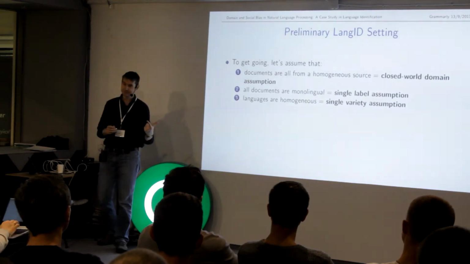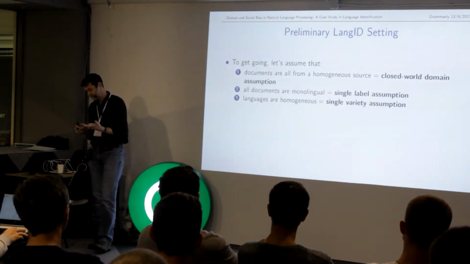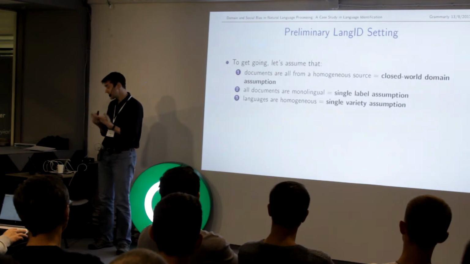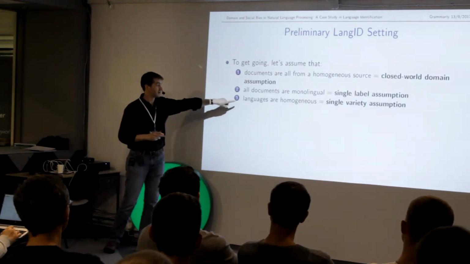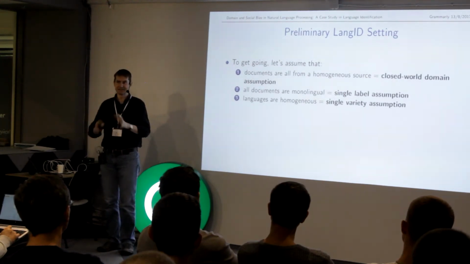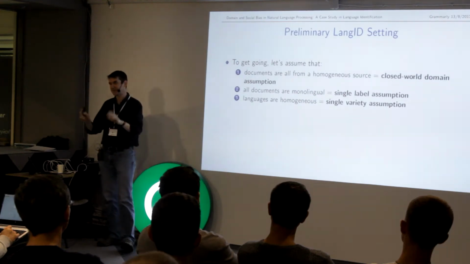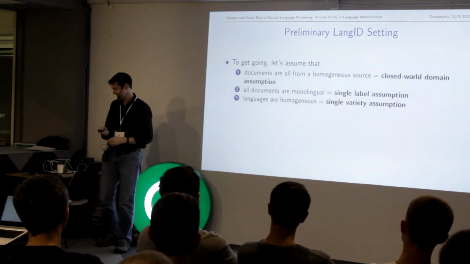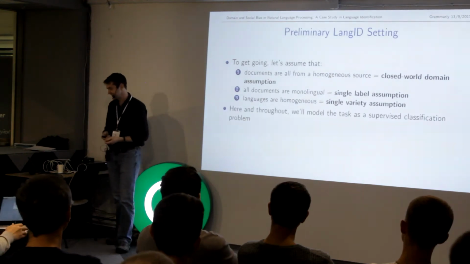Everything is monolingual. For any given document, there is one and only one language that it contains, and languages are homogeneous. English is English. There are no different Englishes. There is just English. It is a perfect thing, which I'm sure Grammarly produces, but is not the practicality of it.